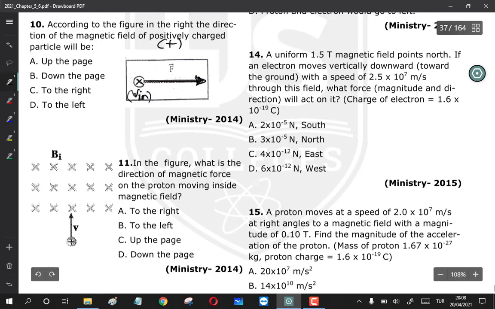Because the force is showing to the right, you should hold your right hand and show your palm to the right. And the thumb is going to show the velocity direction. It must be into the page, since the cross is into the page. Thumb must show into the page. Palm must show to the right. When I do it like this, I see that my forefinger is pointing up to the plane of the page. This forefinger is representing the magnetic field direction. Up to the page is the answer.